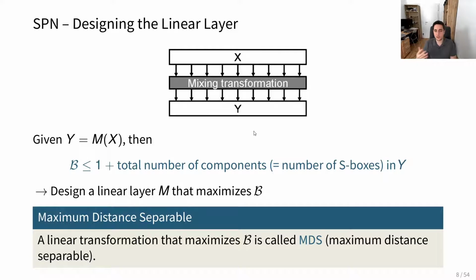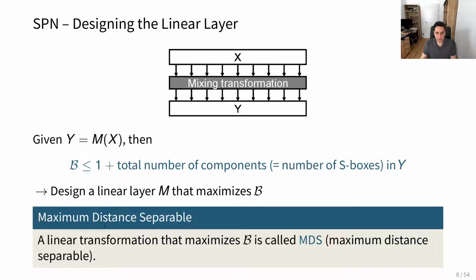And so the new design goal, instead of designing S boxes which are very large, the more modern design goal, is to design a linear layer which maximizes this branch number. And it turns out that there exist linear layers which do that, and they're called MDS matrices, for maximum distance separable. This comes from coding theory, from codes.